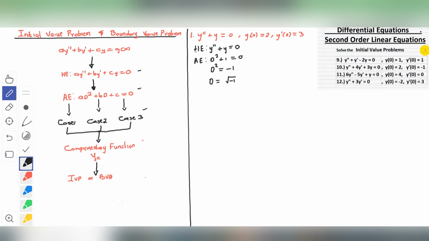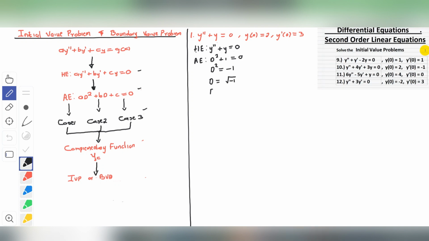Whenever you plug this in your calculator, it's going to give you an error. But remember, in the first video we talked about imaginary numbers, or complex numbers.